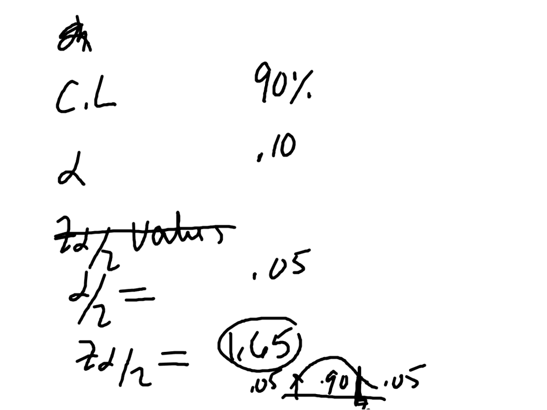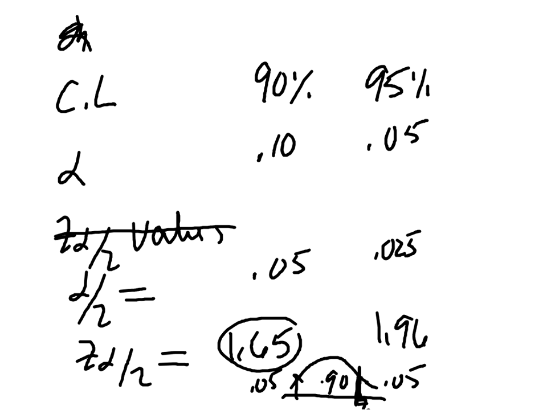Okay, when we wanted to be 95% confident, that gave us an alpha of 0.05, and when we cut alpha in half, we got 0.025, and its value is associated with 1.96. So you don't have to keep looking these up each time.